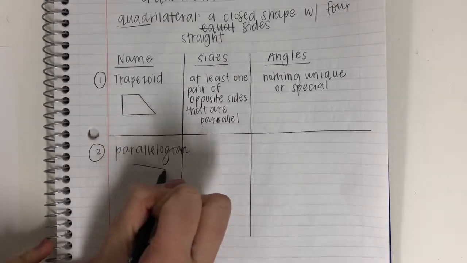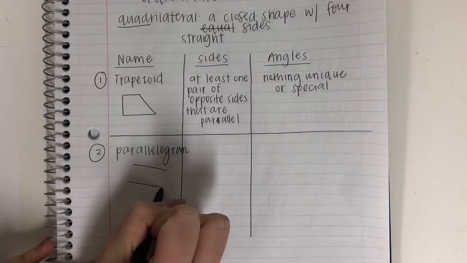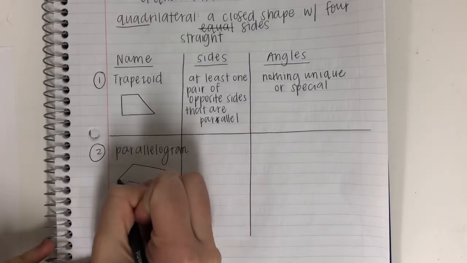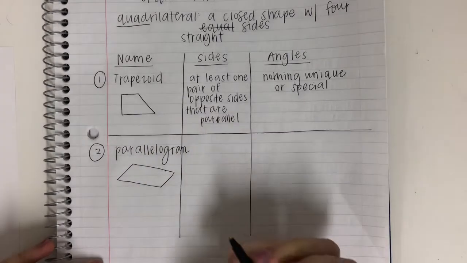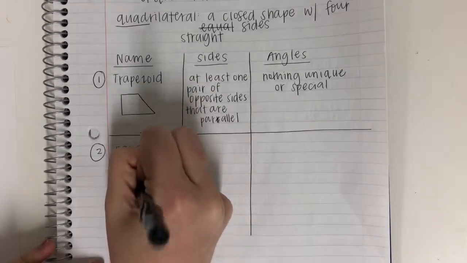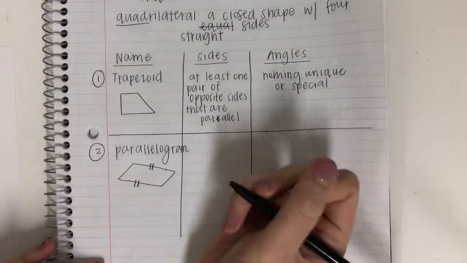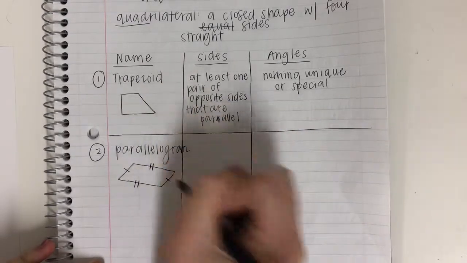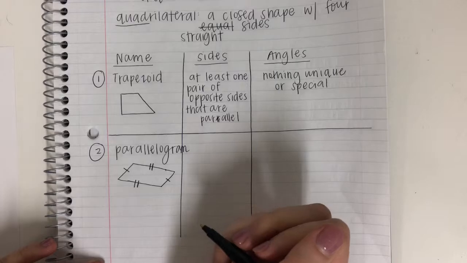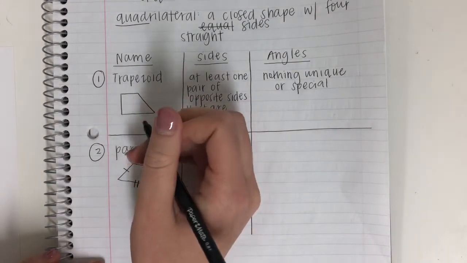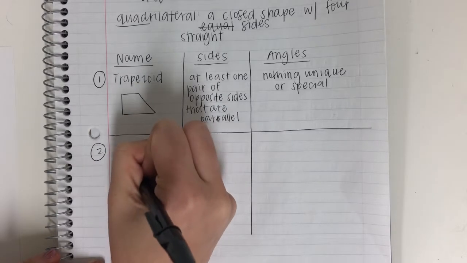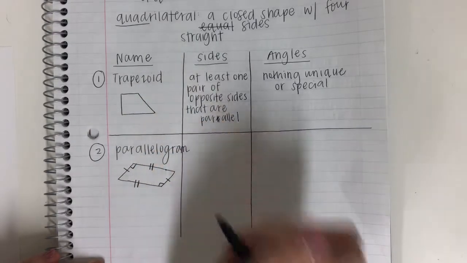It's kind of at an angle. So these sides are parallel and these sides are parallel. Okay. And it also has a right angle, 2 right angles in it.